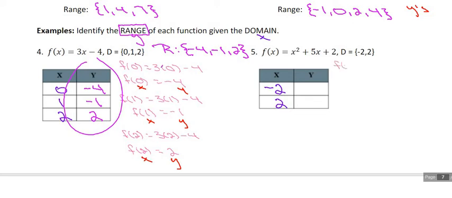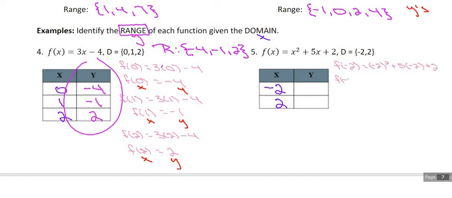So f of negative 2 equals, especially when you're plugging in negatives, you've got to enclose them in parentheses: negative 2 quantity squared plus 5 times negative 2 plus 2. Definitely want to show more work with these.